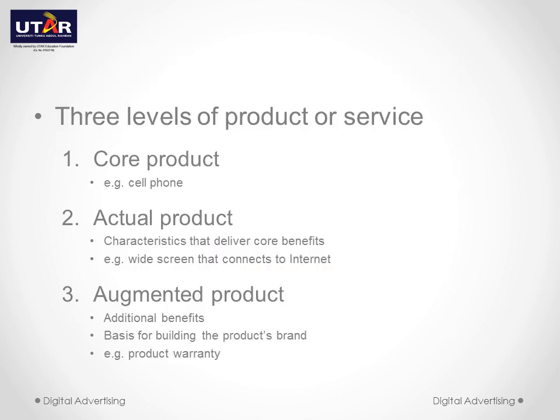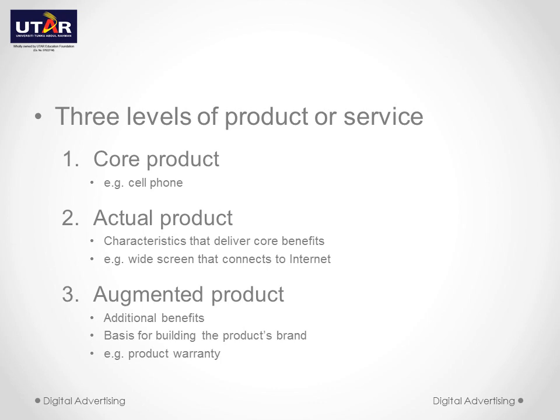There are three levels of product or services here: core, actual, and augmented product. Core is obviously the main product. Put simply, for example, a cell phone. The actual product is, for example, the widescreen.